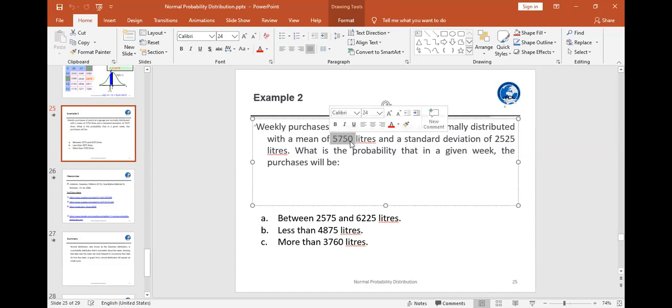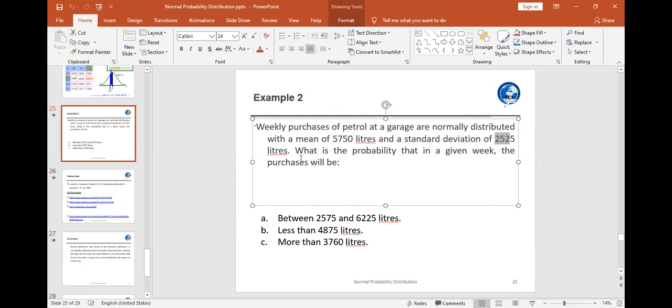It should not be 11,000 liters. It's not possible, because if it is 11,000 liters, it's no longer normally distributed. So there is some variation in this standard deviation, plus or minus 2,525. So that's the range.